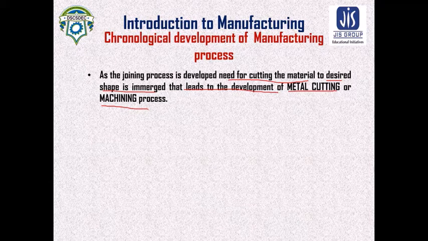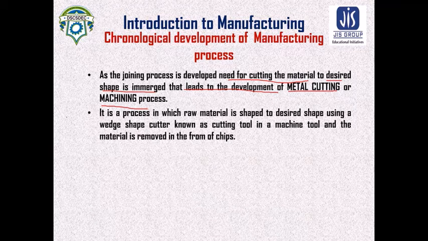What is a machining process? It is a process in which raw material is shaped to the desired shape using a wedge-shaped cutter. A wedge-shaped cutter means the cutter will have this type of pointed edge.